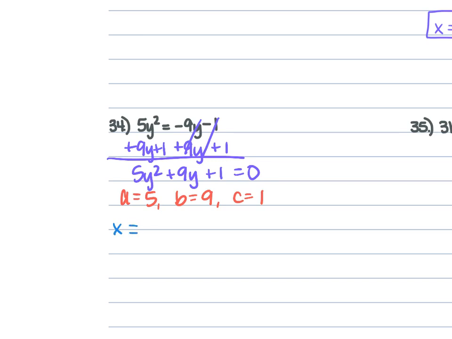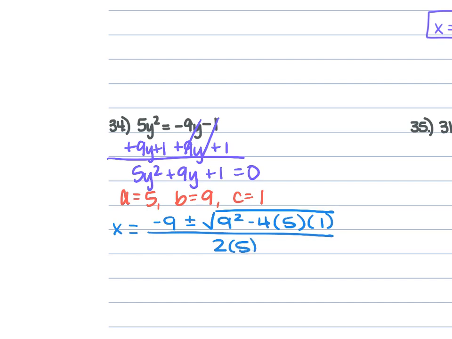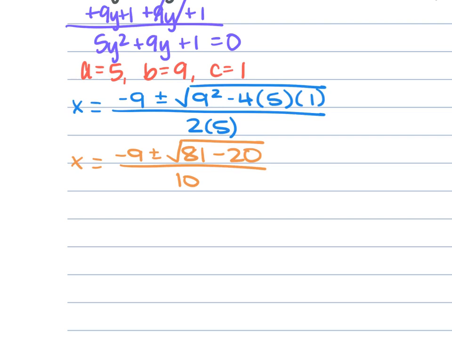So x is equal to negative 9 plus or minus the square root of 9 squared minus 4 times 5 times 1 all over 2 times 5. So x is equal to negative 9 plus or minus the square root of 81 minus 20 all over 10. The 81 minus 20 is going to give us 61, so x is equal to negative 9 plus or minus the square root of 61 all over 10.